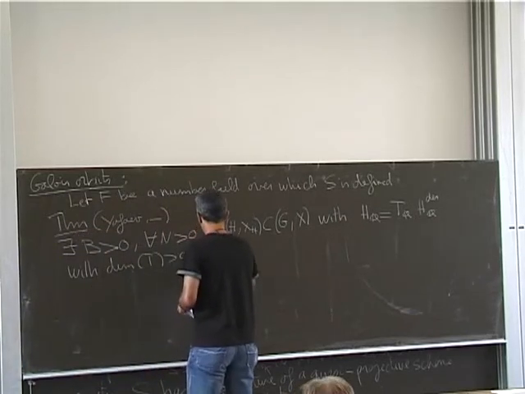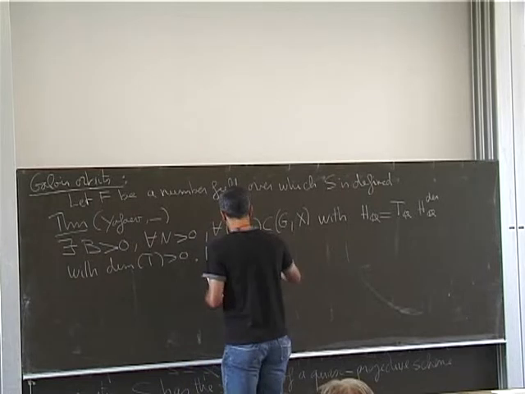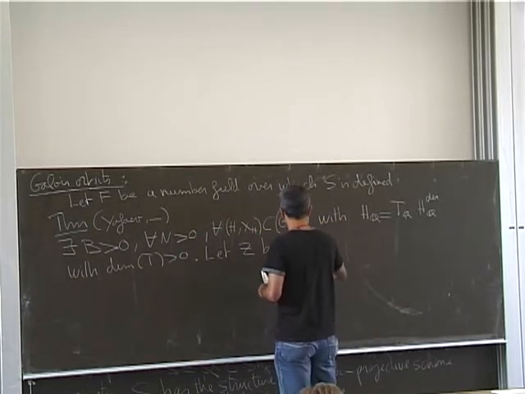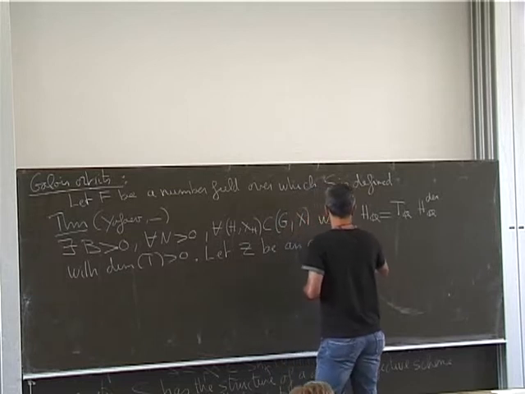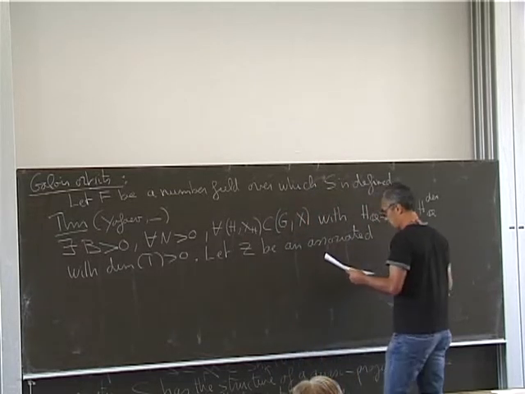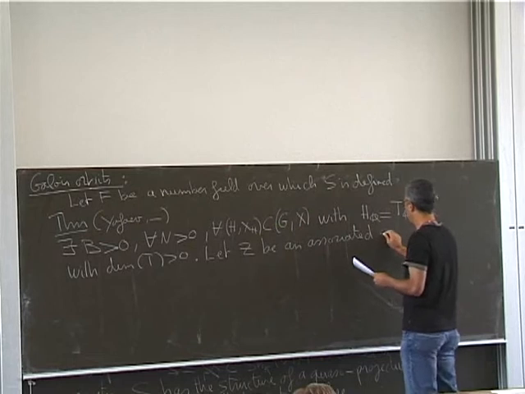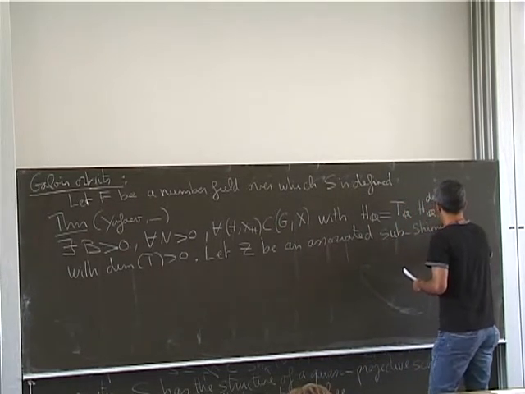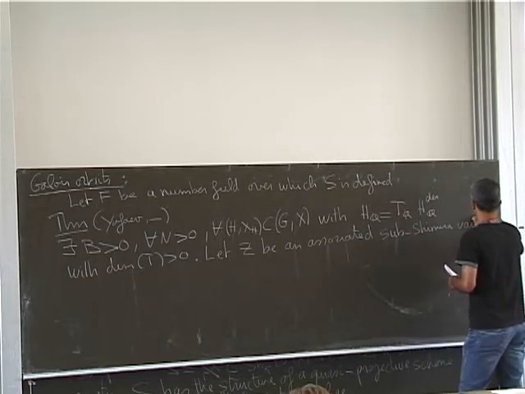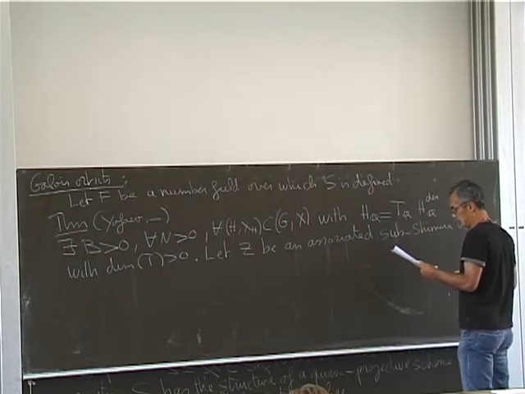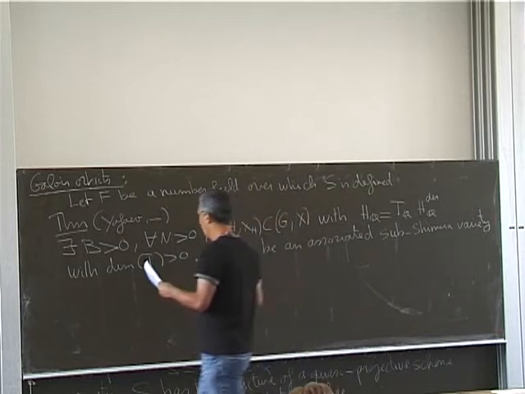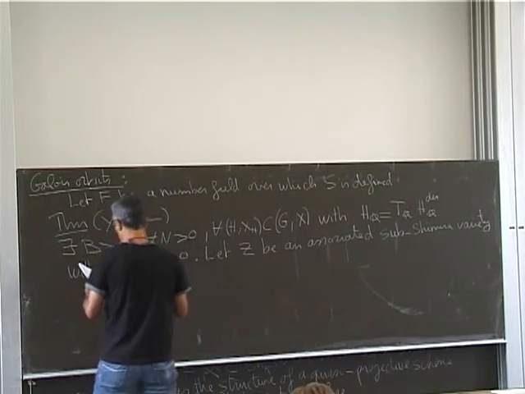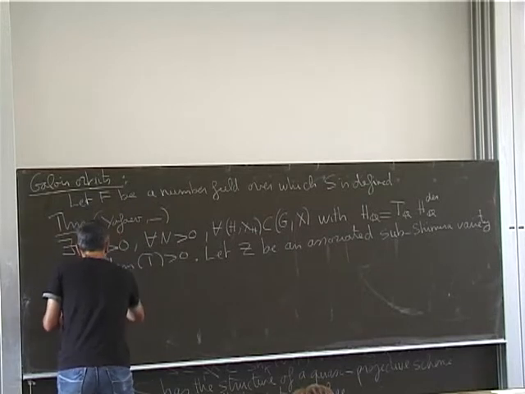Now let Z be an associated sub-Shimura variety inside S. Then the statement is the following.